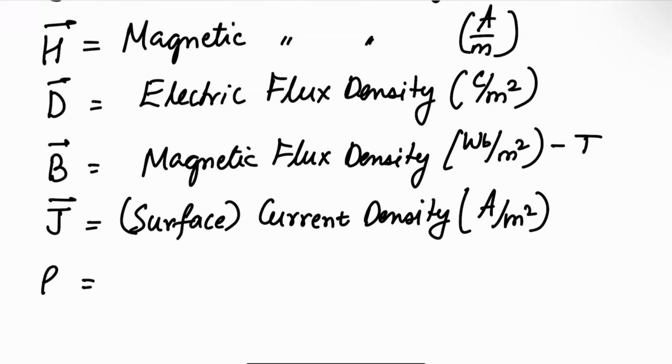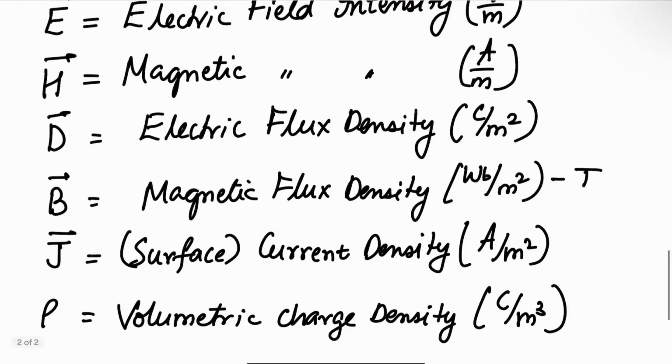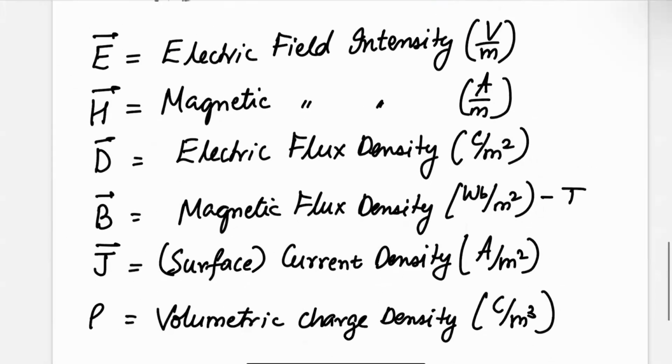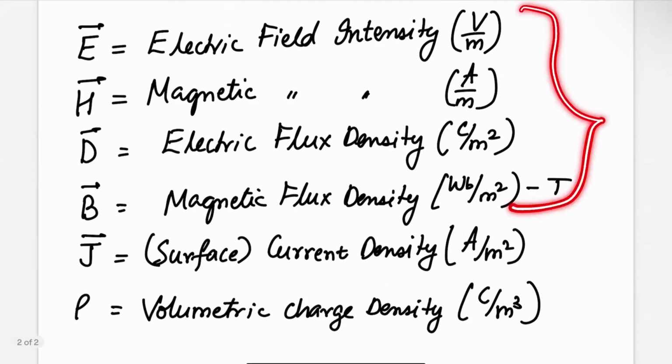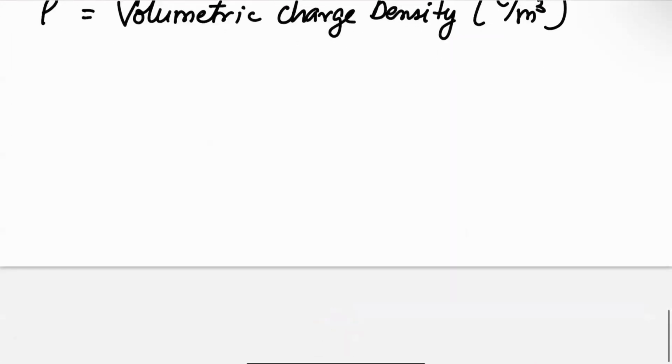And rho, which is the only scalar field, the rest of them are vector fields, is the volumetric charge density. We'll define rho and J more clearly shortly. Okay, so as I said, these 4 quantities are fields that we need to calculate, given sources rho and J. Okay, is that good?